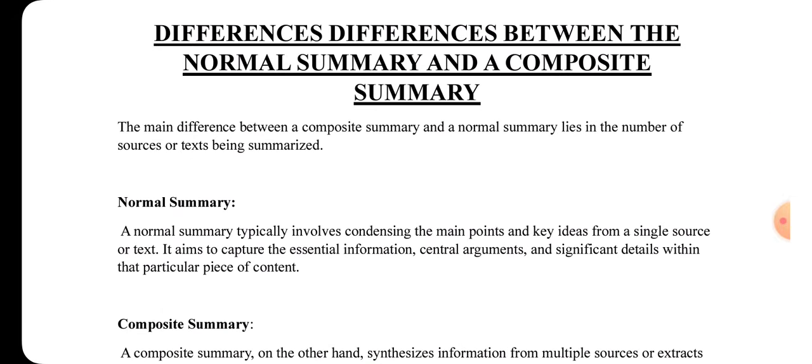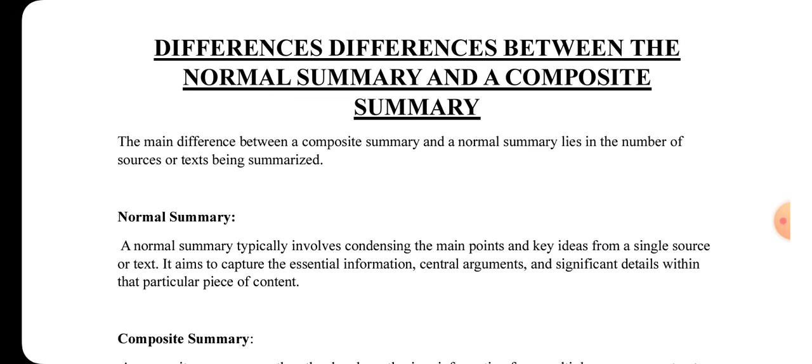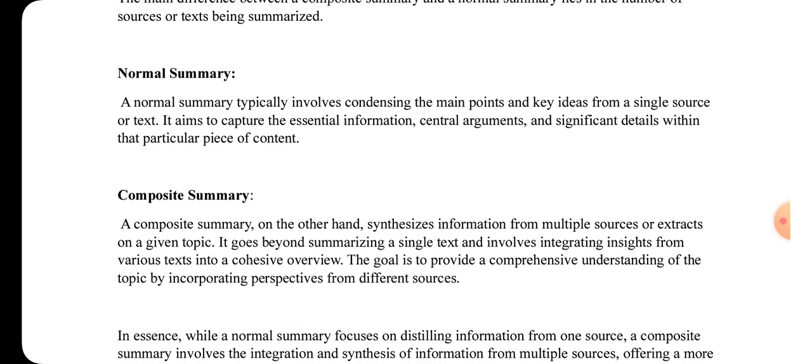Let's look at the differences between the normal summary and the composite summary. So let's look at the normal summary. The normal summary typically involves condensing the main points or key ideas from a single source or text.